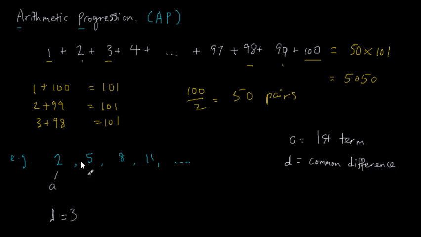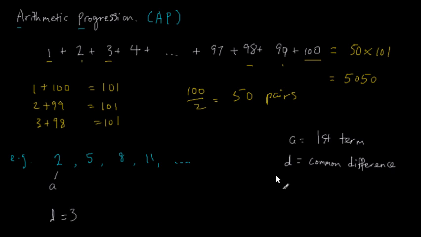So it's always the same difference if I subtract two adjacent numbers. And the reason is simply because I get each number by adding 3 to the last one. Okay, so D is 3 in this case.